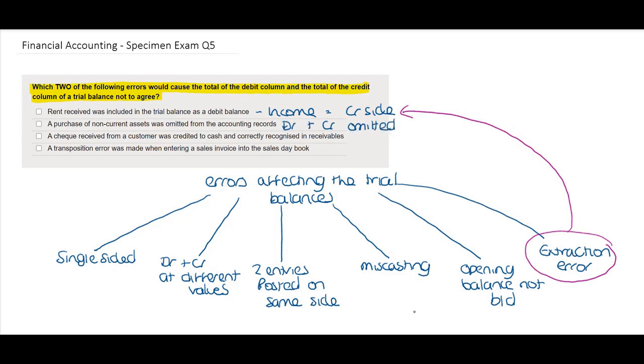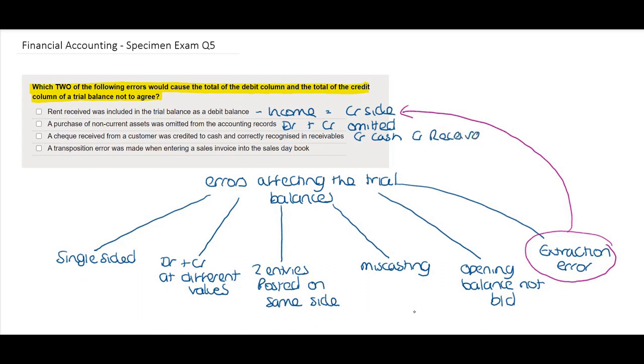The third option is that a check received from a customer was credited to cash and then correctly recognised in receivables. So here we've got a credit to cash, and as a result of the check being received from the customer, this would have reduced our receivables balance, and so we also have credited receivables.